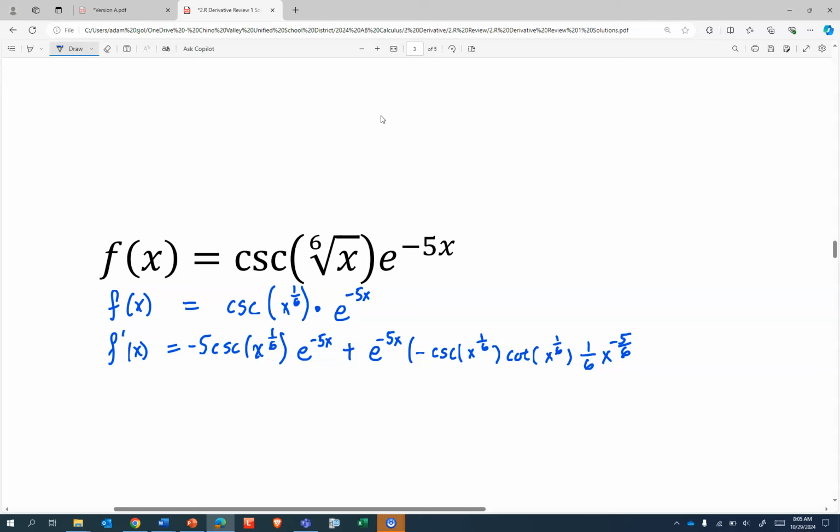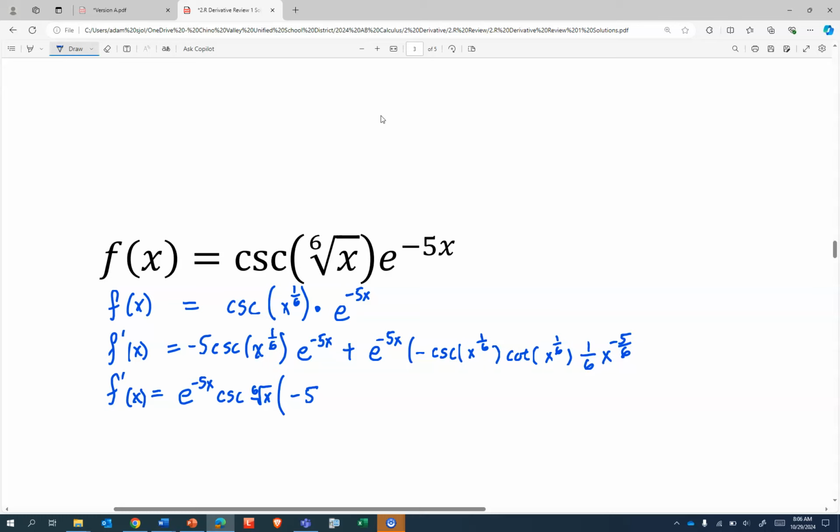Okay, I'm just looking to see what anything in common between the two pieces. And it looks like what's in common is definitely that e to the negative 5x and a cosecant of the 6th root of x. Okay, so from the first term, what's left? Just a negative 5. Weird.